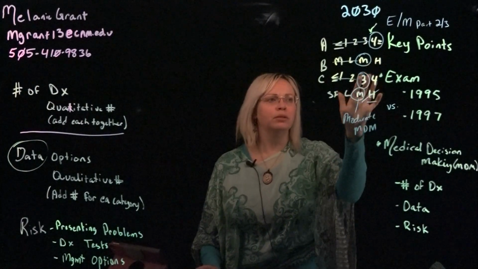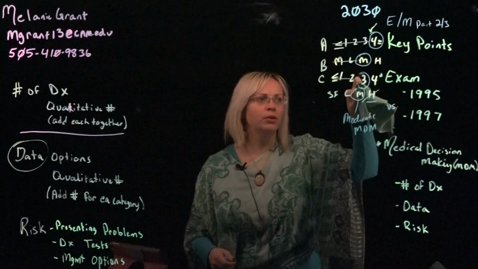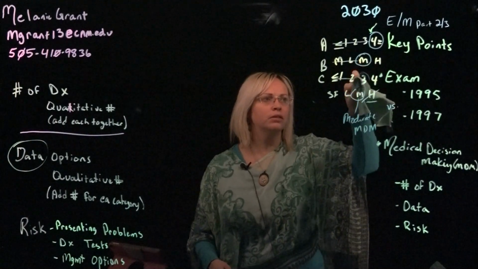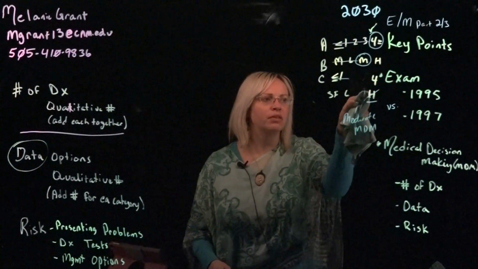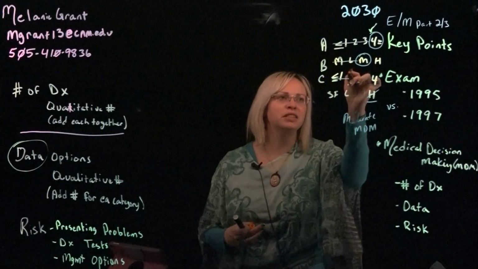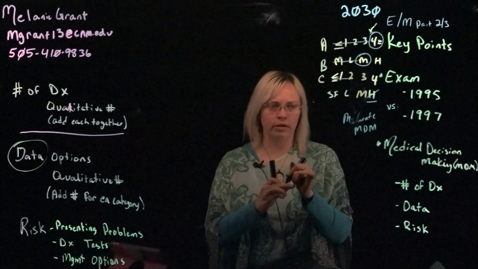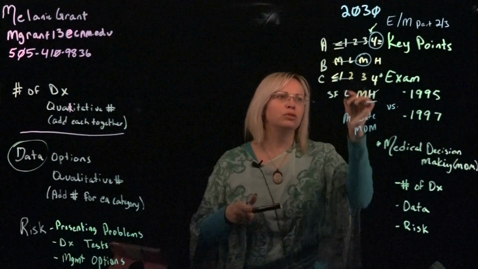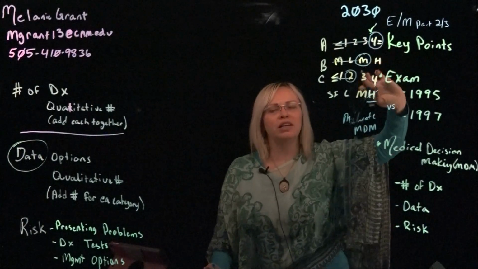If, for example, we had had a 2 on this second category instead of a 3, what level would I have? Well, let's put it up here so we can see a visual. If I had a 2 instead of a 3, I would still have 2 in the moderate.